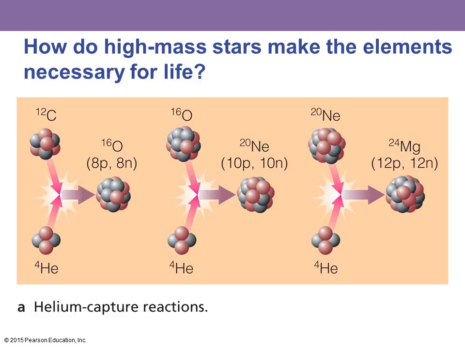So instead of hydrogen going to helium and possibly carbon, a higher mass star, because of its higher gravitational pull and higher temperature, is able to generate heavier elements. Here we have carbon and helium combining to form oxygen, oxygen and helium to form neon, neon and helium to form magnesium. These are elements that are only found near the death of a high mass star.